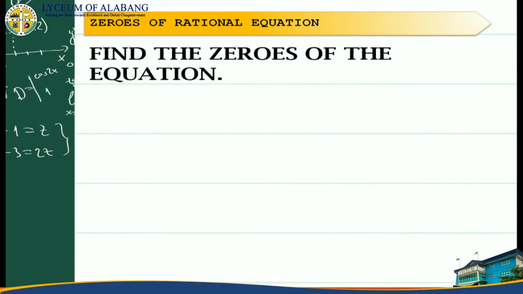Find the zeros of the equation. When finding the zeros of a rational equation, zeros are also known as x-intercepts, solutions, or roots of functions. They are the x values where the height of the function is 0.